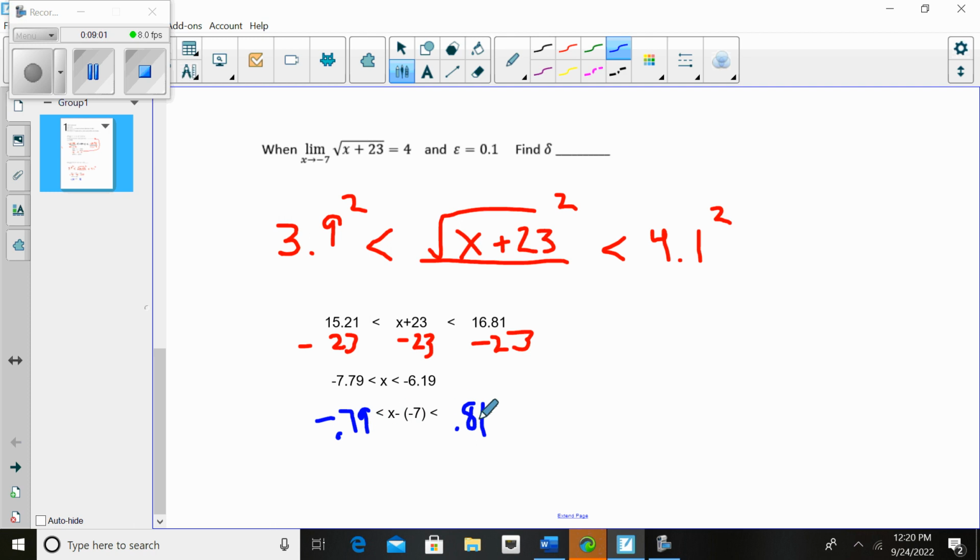And if you get 2 different values, you pick the smaller, the one with the smaller absolute value, the smaller distance. Don't take the negative with it, okay? So remember, by definition, delta is positive. So delta is positive 0.79, because we take the smaller when there is a choice.